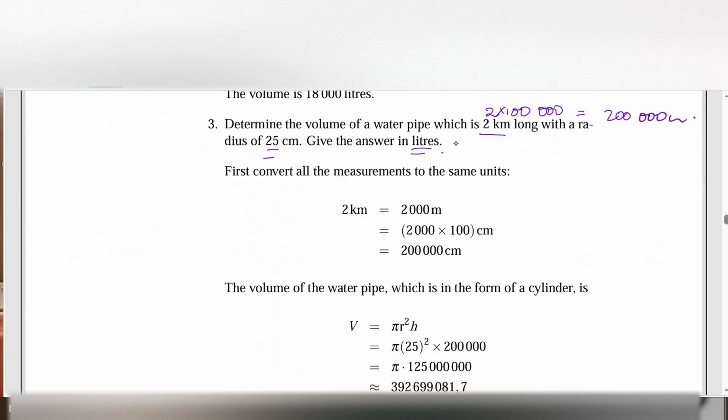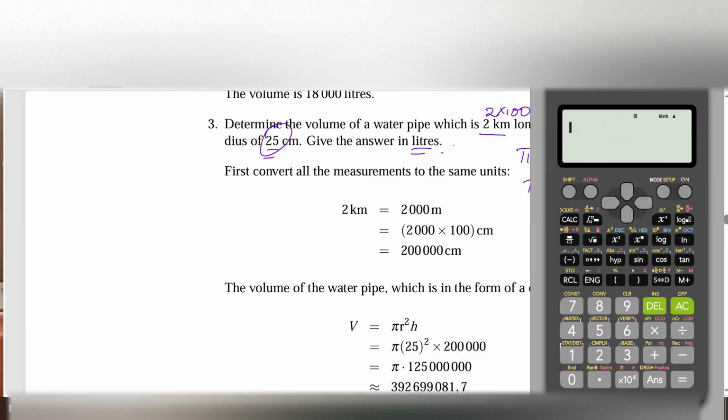So a pipe is in the shape of a cylinder, meaning that I'll have pi radius squared height. So pi, they gave us the radius of 25, so 25 squared. We are multiplying by the height or the length, which is 200,000. Let's see.